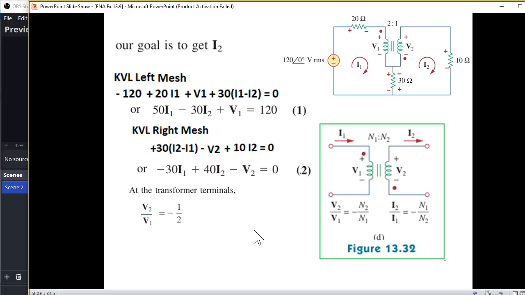And from here we can write that V2 is given by this relation. So this is our equation number 3. Similarly for current, using this formula, it is now N1 divided by N2. So N1 is 2 divided by 1 is 2, so minus 2. And from here, we get the fourth equation for I2.